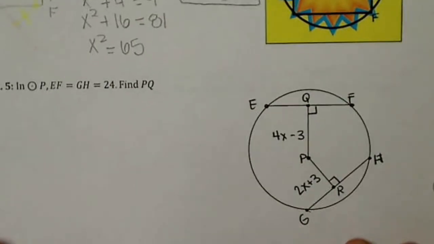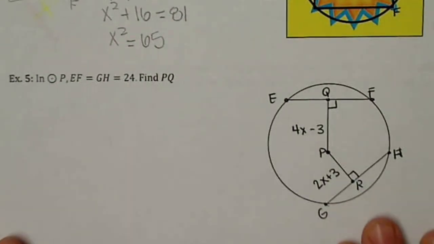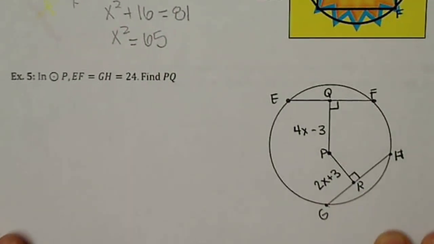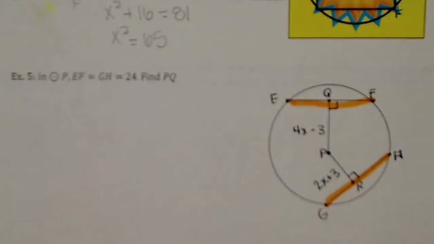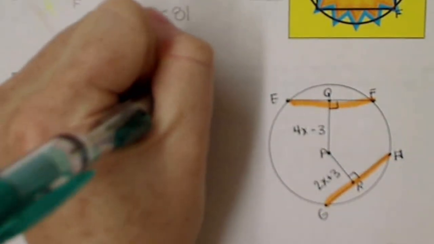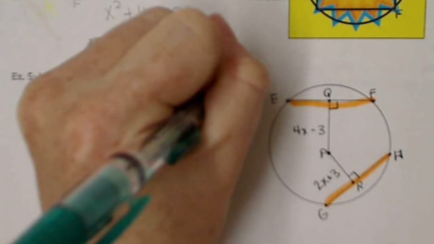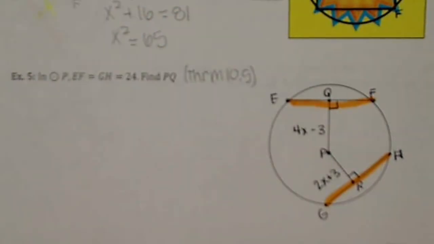Okay, last example, which is example 5. We know that in circle P, EF equals GH. So EF and GH are congruent. These two right here. Those two chords are equal, which means they are equidistant from the center, because this is Theorem 10.5.